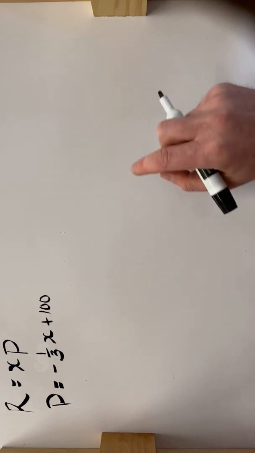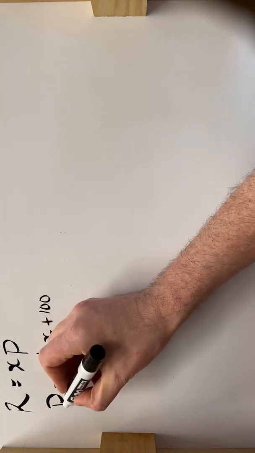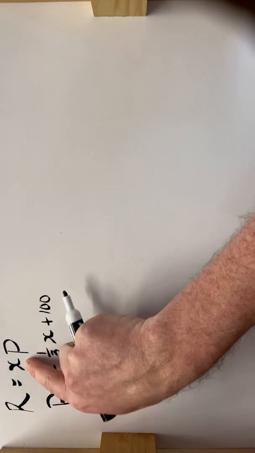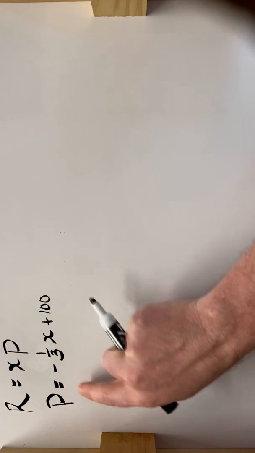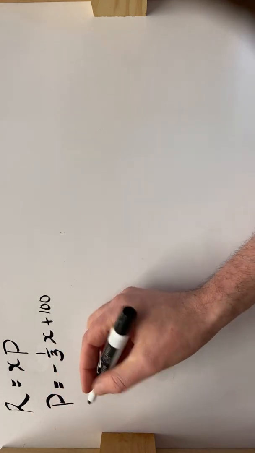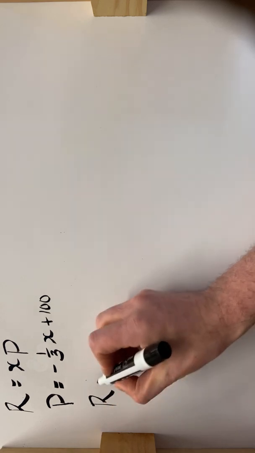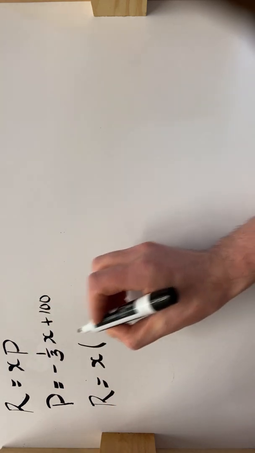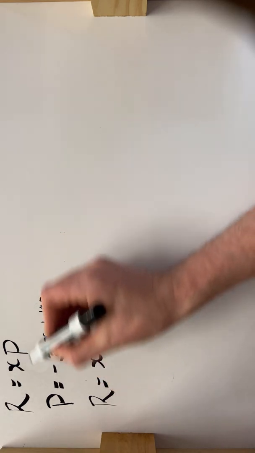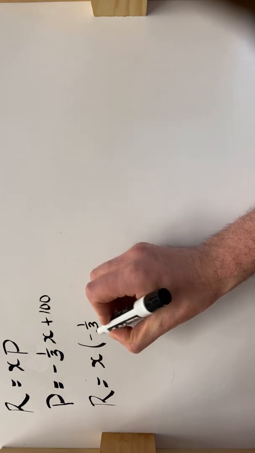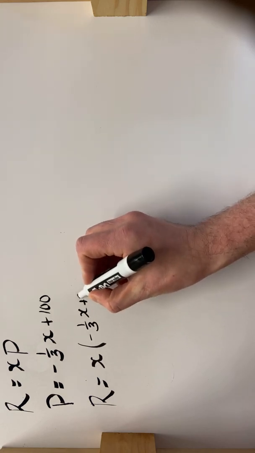So we are asked to express our revenue as a function of X only. Here we have our revenue as a function of X and P, and so we want our revenue as a function of X only. So R then is equal to X times, and instead of P, I'm going to put in my price equation right here. So that is minus 1 over 3X plus 100.